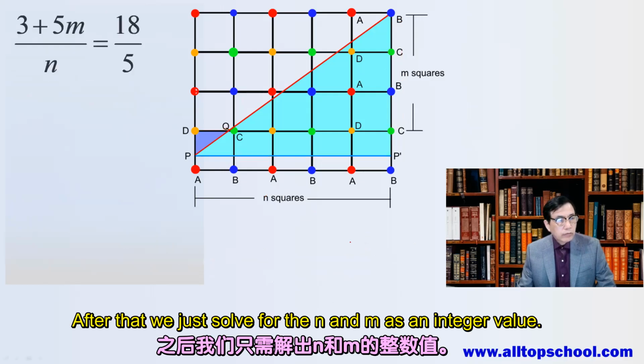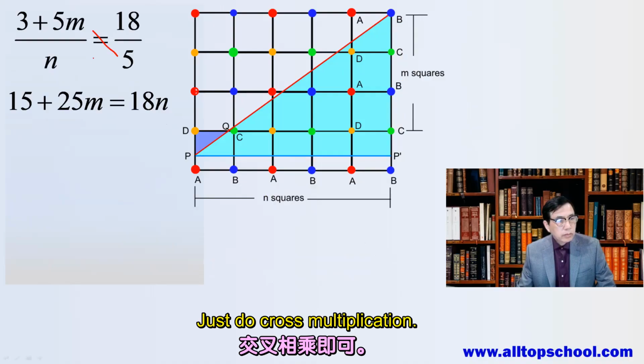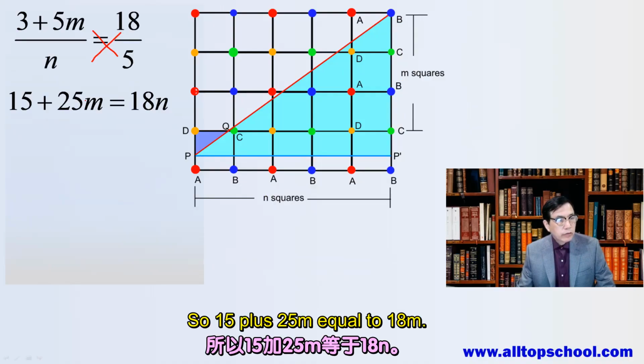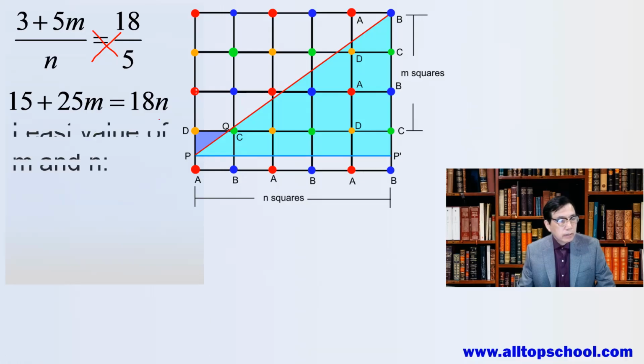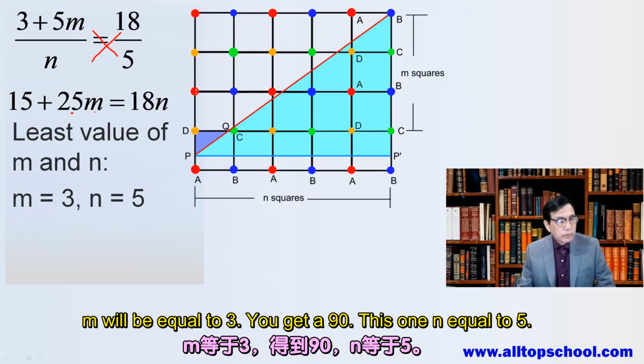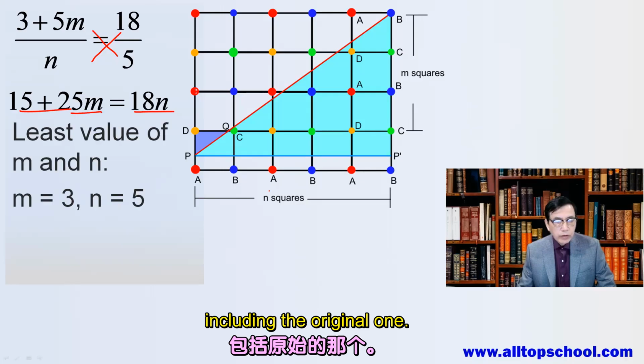After that, we just solve for n and m as integer values. Cross multiplication gives 15 plus 25m equals 18n. The least values of m and n are really simple: m equals 3 and n equals 5. So we need 3 vertical copies, and the horizontal total is 5 copies, including the original one.